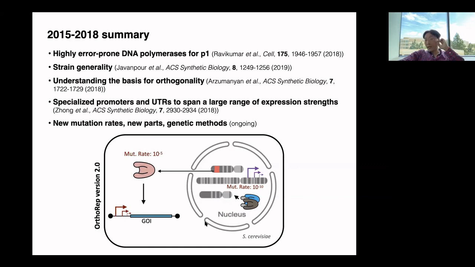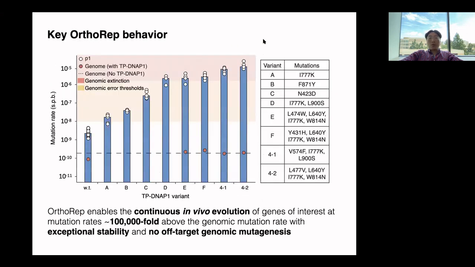So that's basically a summary of our lab's work from 2015 to 2018, when we published these high error rate DNA polymerases.